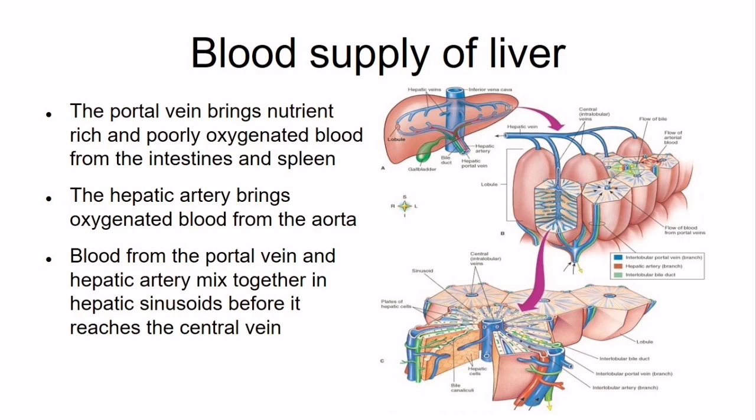If you can see this picture here, these are centrilobular veins at the center of our lobules, and they'll unite and drain into a sublobular vein, and this sublobular vein will join up with other sublobular veins and form the hepatic vein.